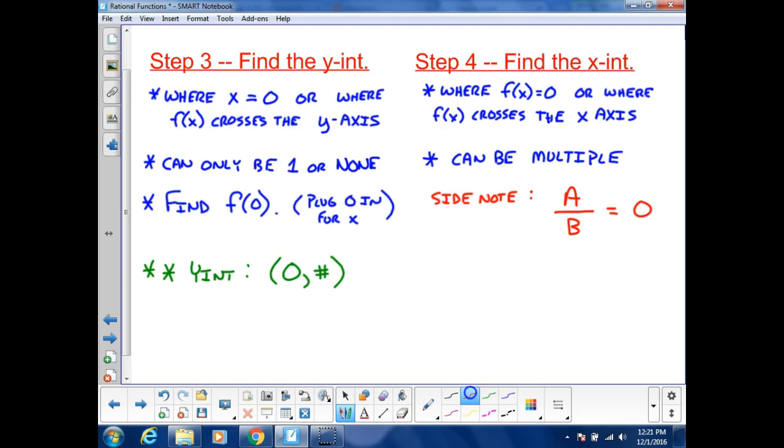If the 0 is on the top. So if a is equal to 0, right? That fraction can only equal 0 if a is equal to 0.